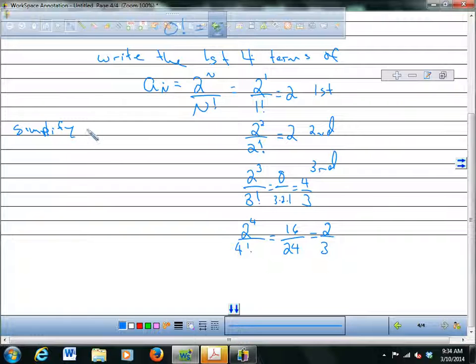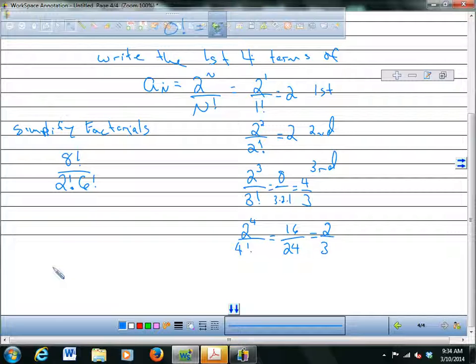Simplify factorials. These come up a lot when you're computing probabilities or combinations and permutations. Have you guys ever seen factorials before?